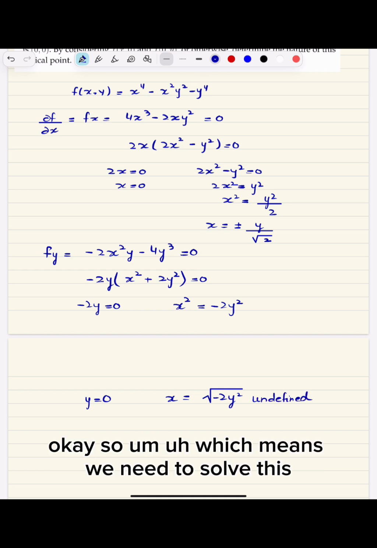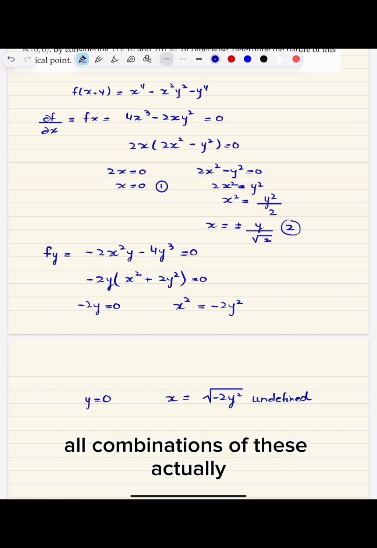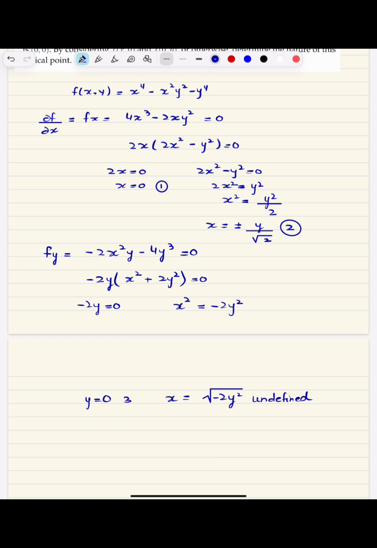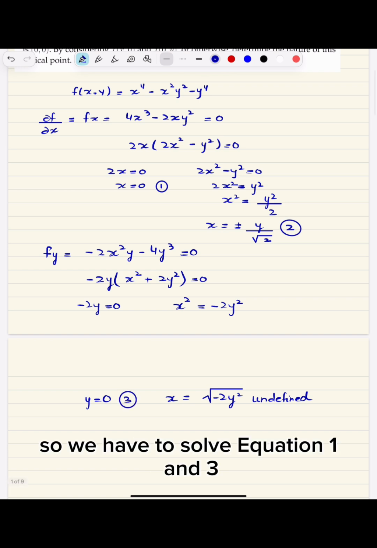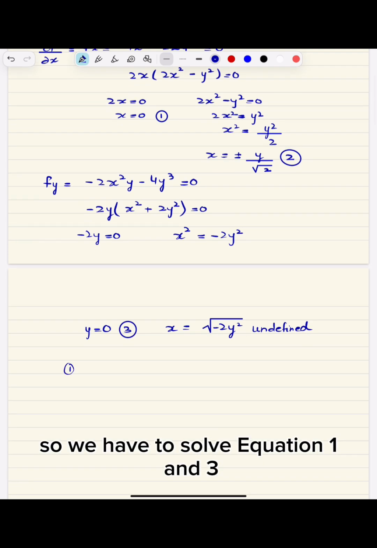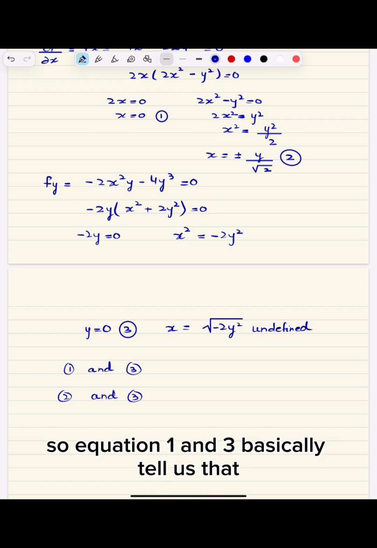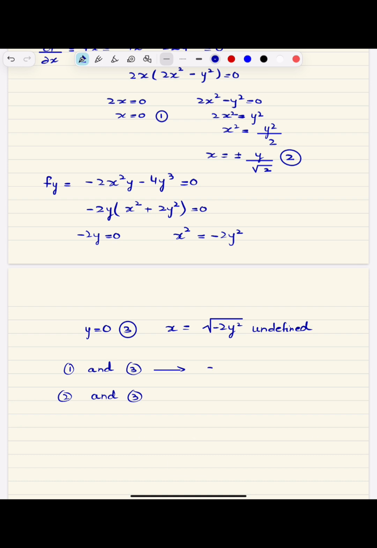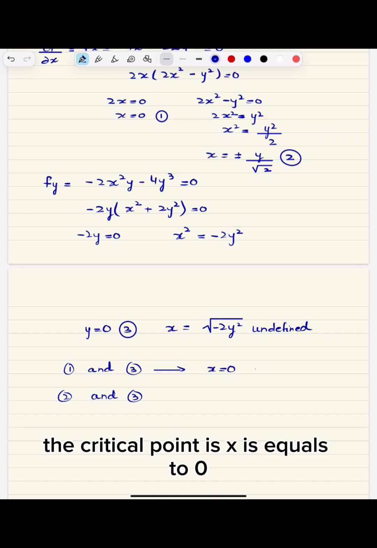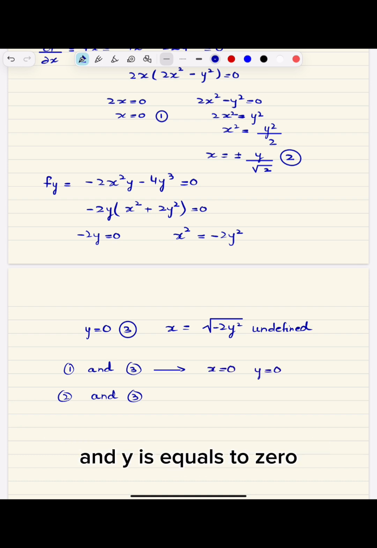Okay, so which means we need to solve all combinations of these actually. So we have to solve equations 1 and 3, and we have to solve equations 2 and 3. Equations 1 and 3 basically tell us that the critical point is x equal to 0 and y equal to 0.